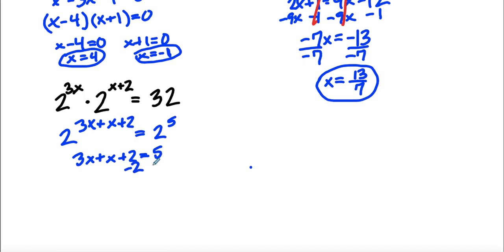I'm going to subtract 2 just to make this a little easier, and then this gets combined. 3x plus x gives me 4x equals 3, and we're going to divide by 4, so x equals 3 over 4. Okay, and now let's align that a little better. But x equals 3 over 4, and now you're done.